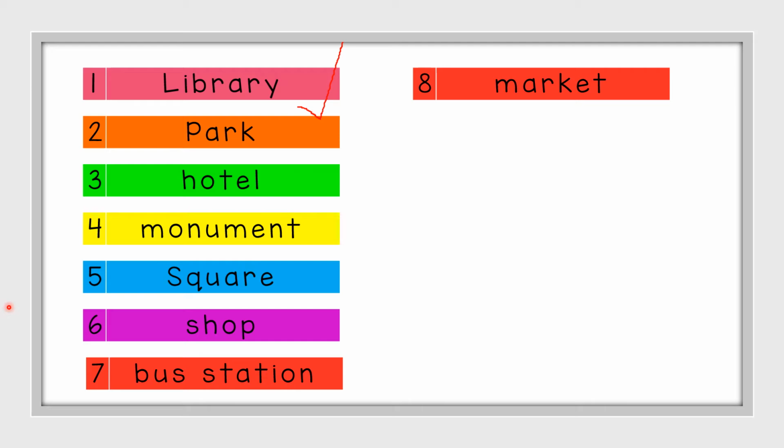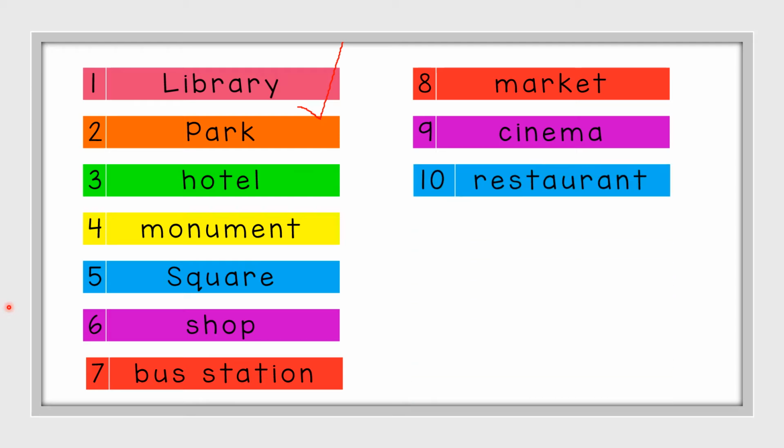Market. Another tick if you have this correct. Number 9. Cinema. C-I-N-E-M-A. Cinema. No capital letters. Another tick if you have this correct.